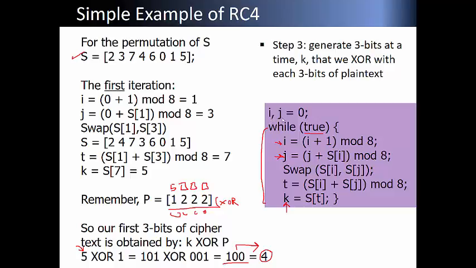Initially, I and j both start from 0. So 0 plus 1 is 1. Mod 8, then that is still 1, right? That is this.